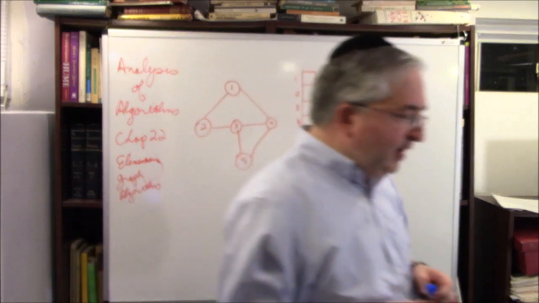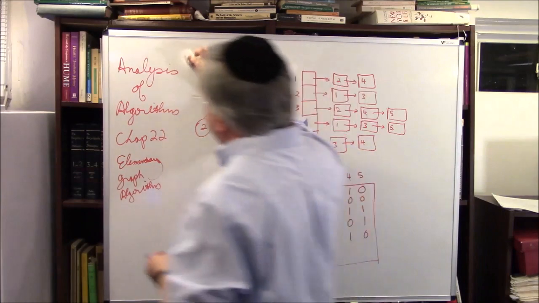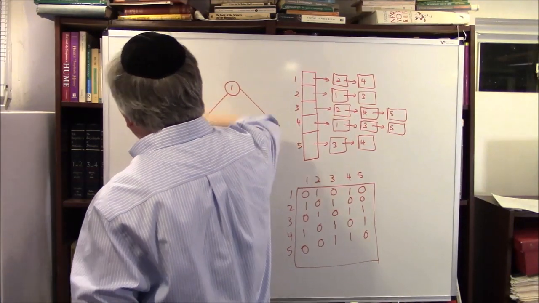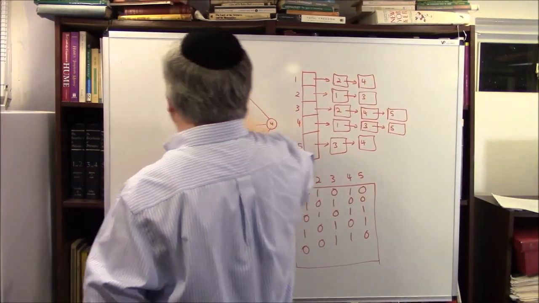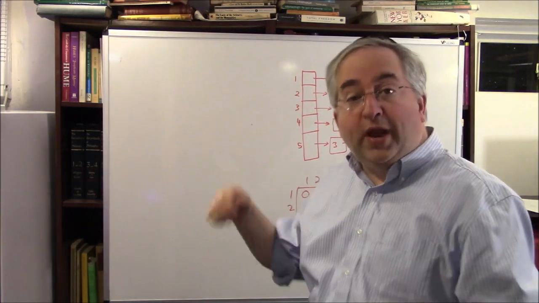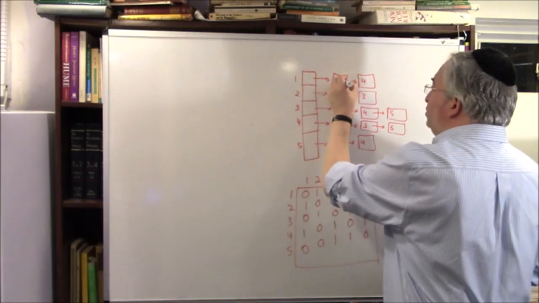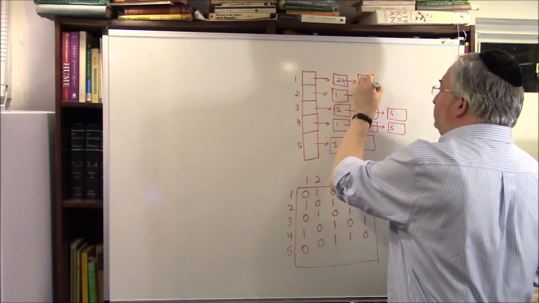Okay, great. Now, section 22.2. So that's section 22.1. It just shows you how these things work. By the way, these graphs could be weighted graphs, and so you'd put the weights, how much the edges are, 13 or something like that.